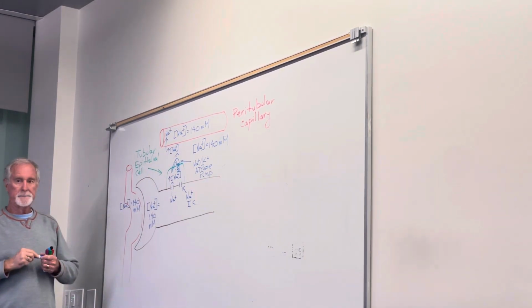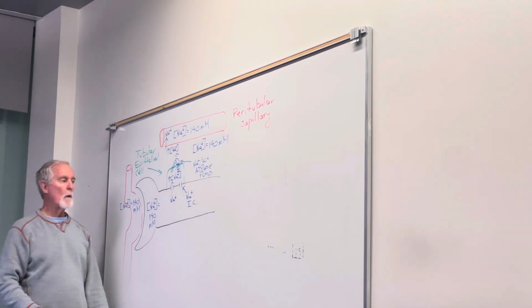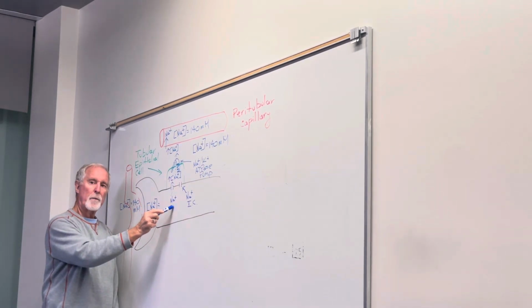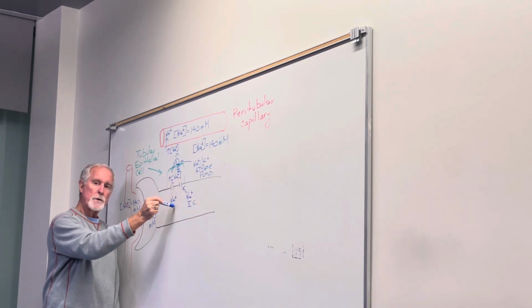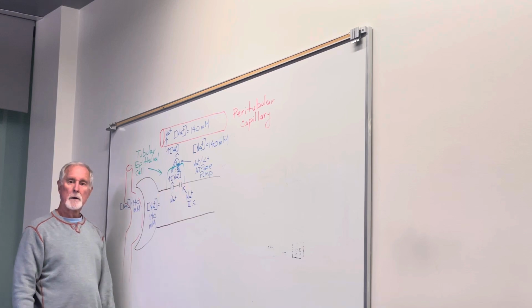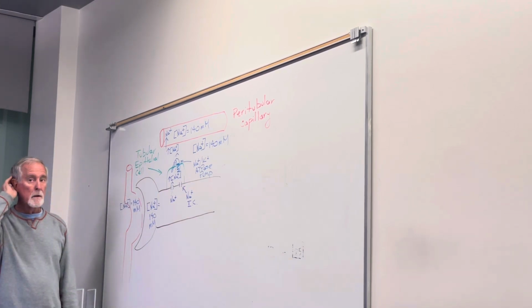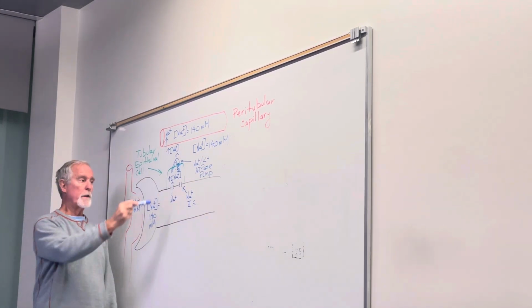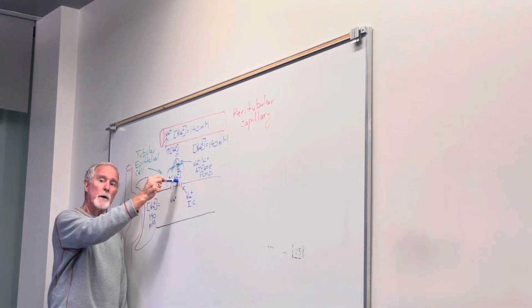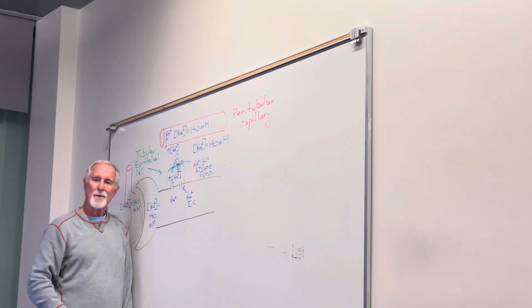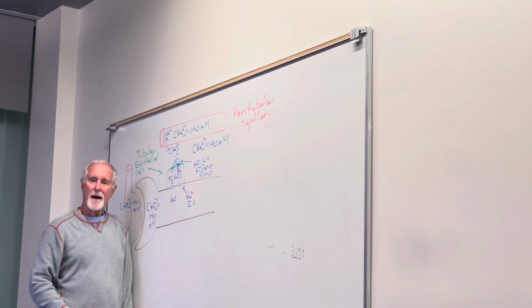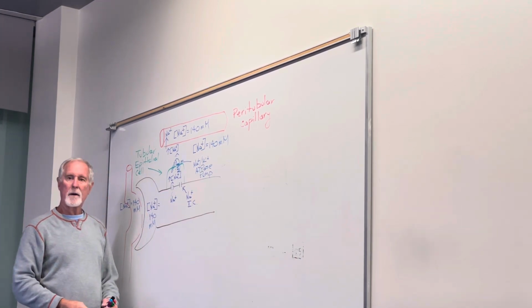Miss Maria, as soon as sodium moves from here to here, what happens to the concentration of water here? Increases. It does, that's exactly right. And the concentration of water here decreases. And water always wants to be in equilibrium. So what's following right along with the sodium ion? Water. Water is following that sodium ion.